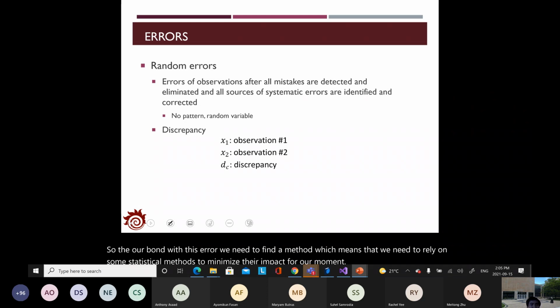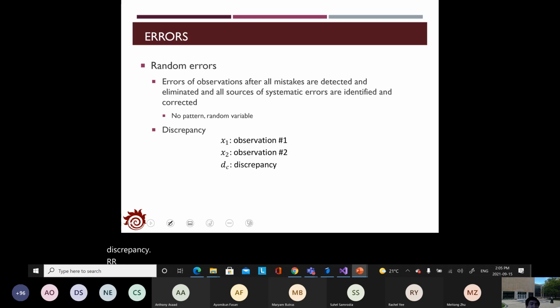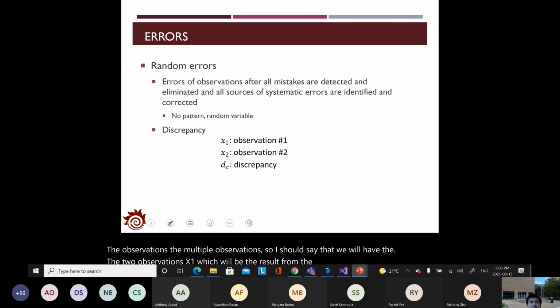And in order to quantify the random error, we define a new term which is called the discrepancy. The discrepancy is related to multiple observations. So I should say that we will have two observations: x1, which will be the result from the first observation, and x2, the result from the second observation.